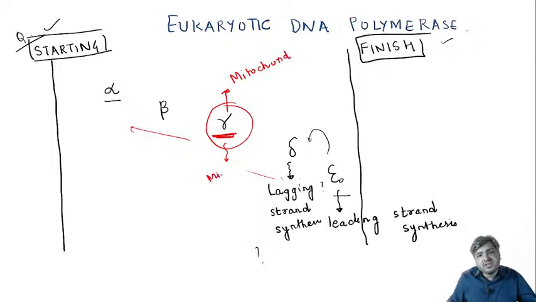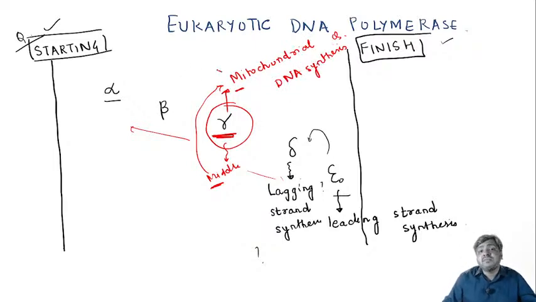Middle, M, and mitochondrial, M. This question has been asked multiple times, which DNA polymerase helps in synthesis of the mitochondria. That's again very easy for you, guys.